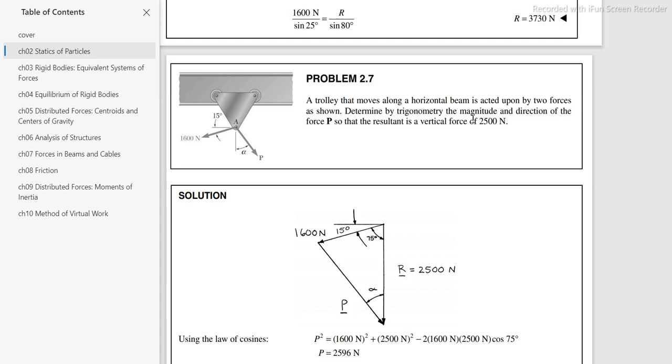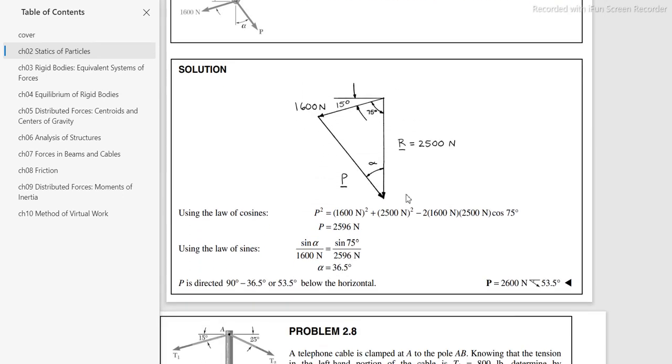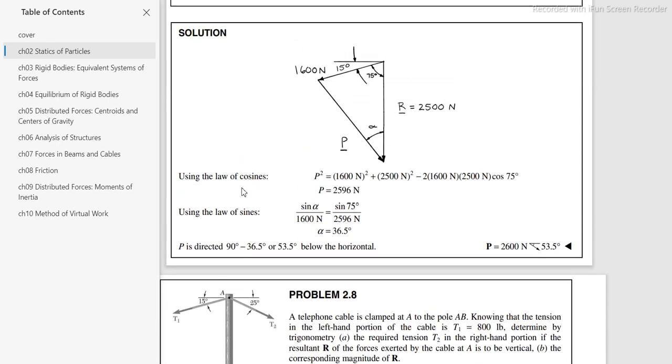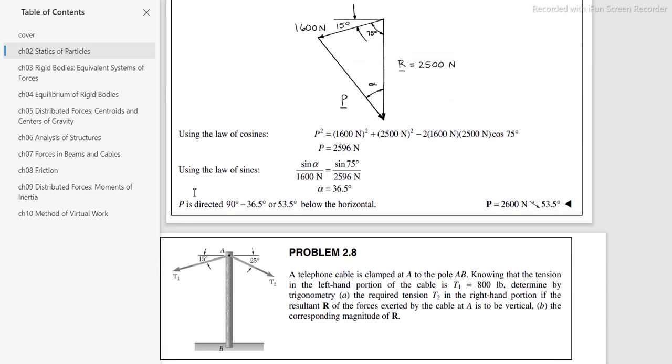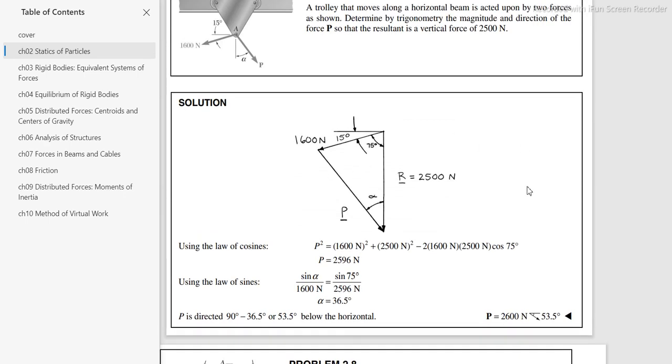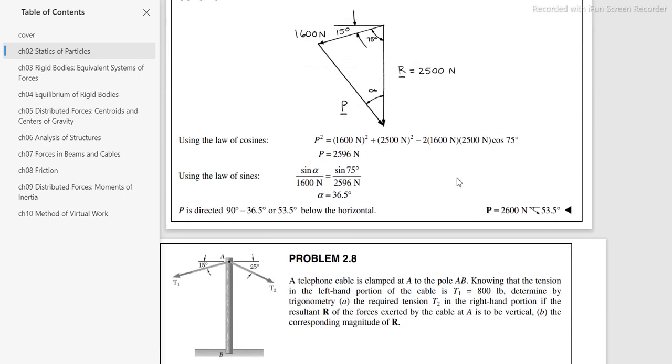Determine by trigonometry the magnitude and the direction of the force P so that the resultant is a vertical force of 2500 Newton. Solution: there is a free body diagram, and using the law of cosines and the law of sines, the magnitude will be measured.